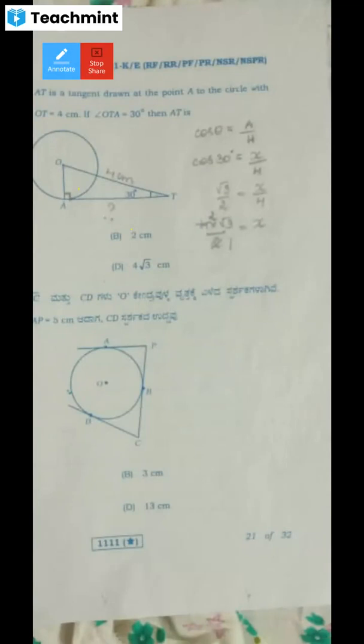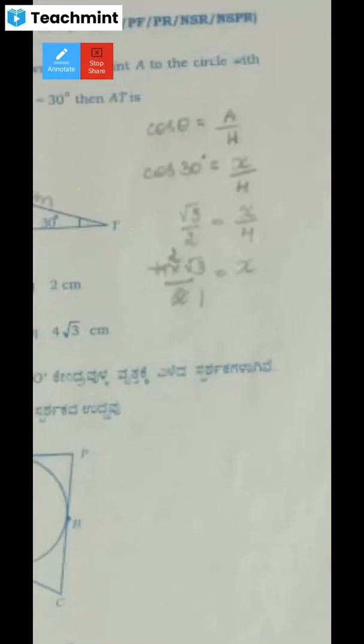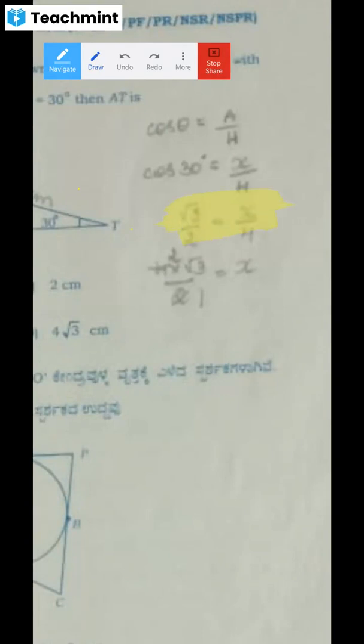Cos 30 degrees is root 3 divided by 2. So root 3 by 2 is equal to x by 4. So x is equal to root 3 into 4 divided by 2, so 2 root 3 is the right answer.